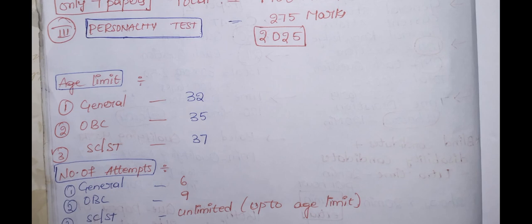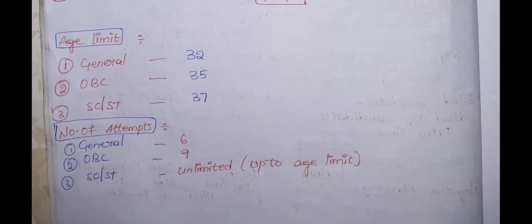The prelims marks are not included, and paper A and paper B, the English and regional language marks, are also not included in this total. So the main examination will be conducted for 2025 marks.